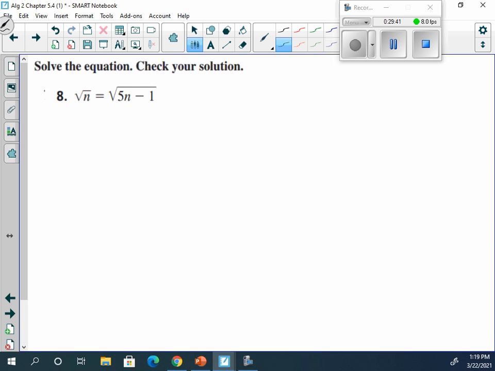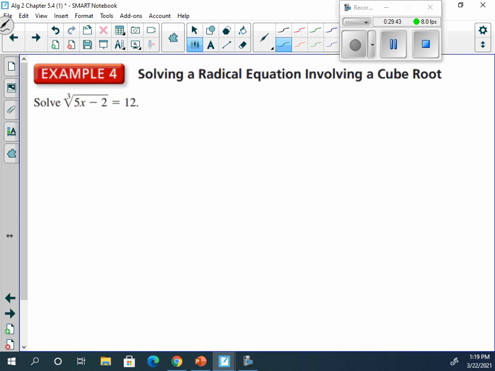Now, probably the big question is, this here is example 4. Solve the cubed root of 5x minus 2 equals 12.